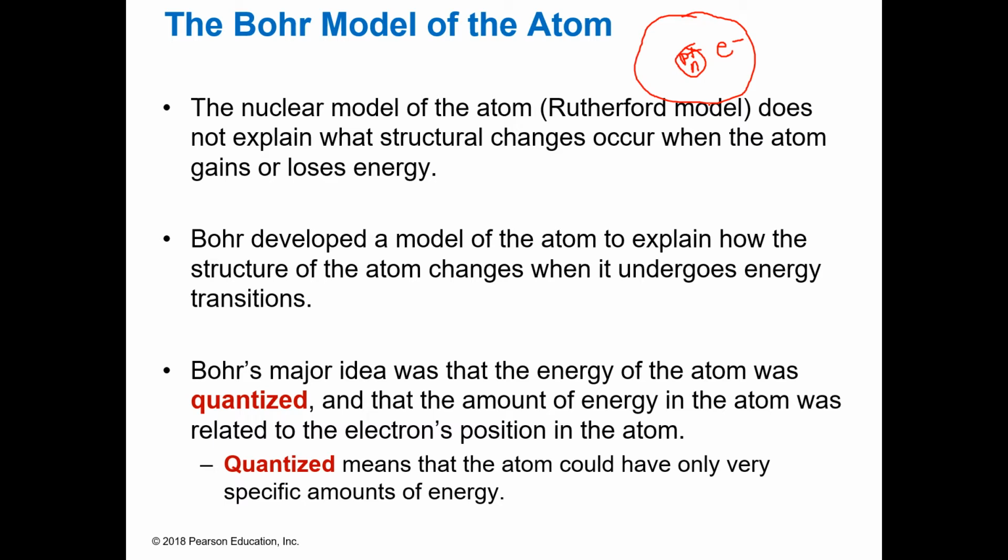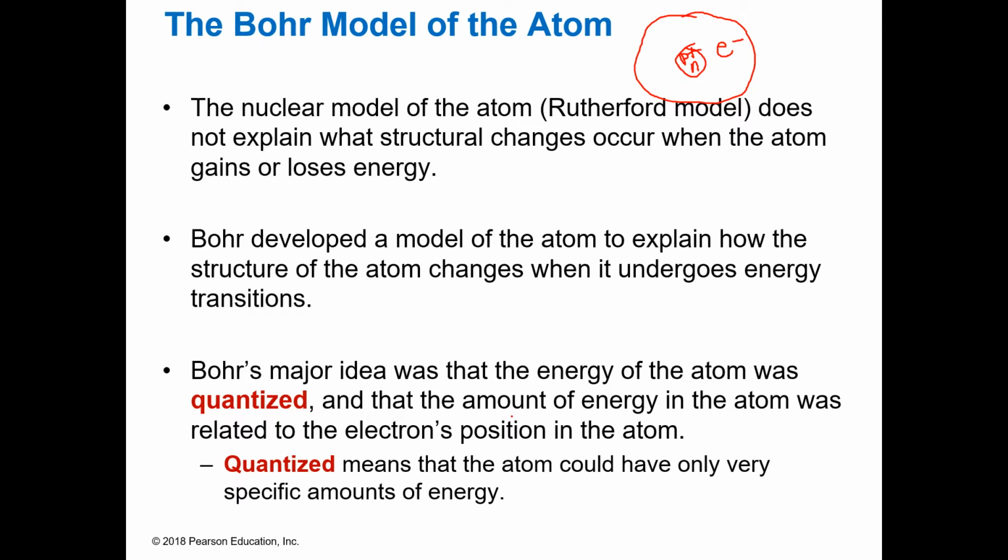That doesn't really tell us much about energy, how energy is lost or gained, or structural changes. So Bohr developed a model to try and show what's happening energetically in our atom, all based on these electrons.